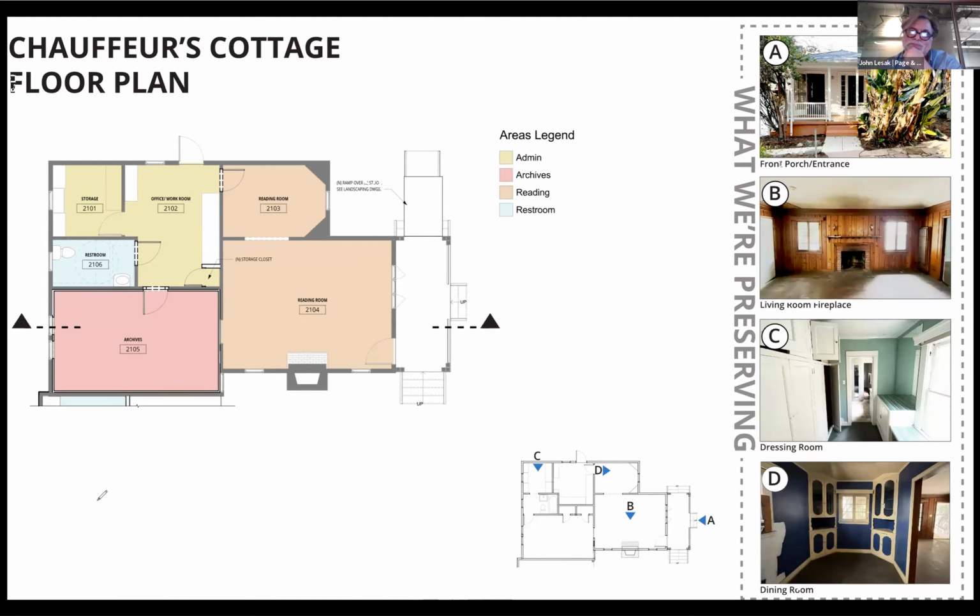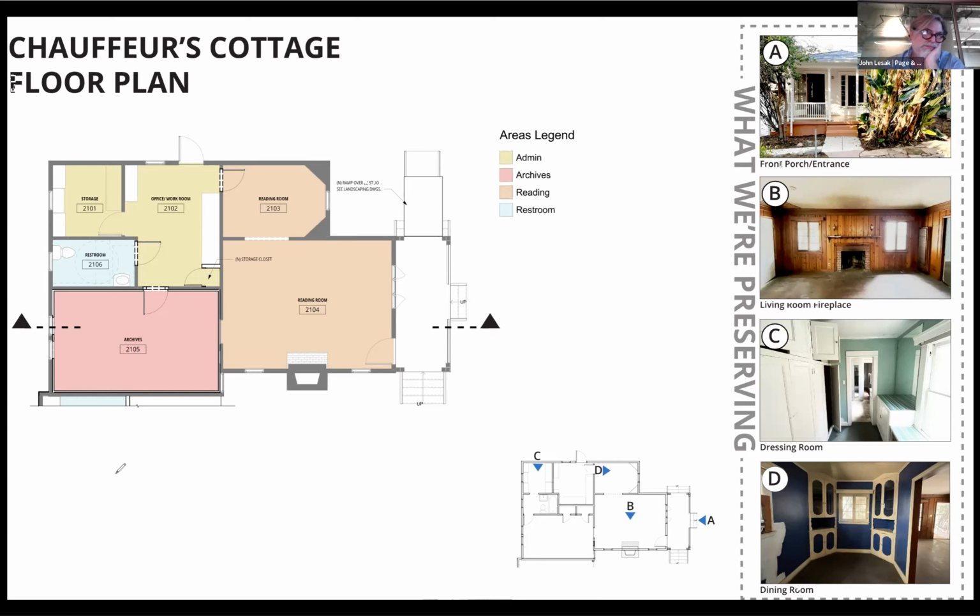That's the wood paneling, and that would be restored, and that would become the main reading room of the archive. And then just to the north of that is a smaller dining room, which is D. And so we would be doing a restoration of the original wood cabinetry in there.